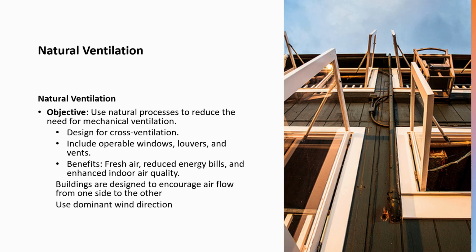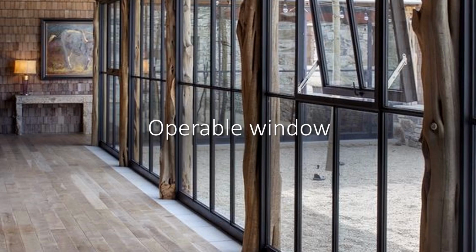To achieve natural ventilation, we can use operable windows. Operable windows are types of windows that can be opened and closed, thus allowing occupants to control the flow of fresh air into the building based on weather conditions and personal preference.